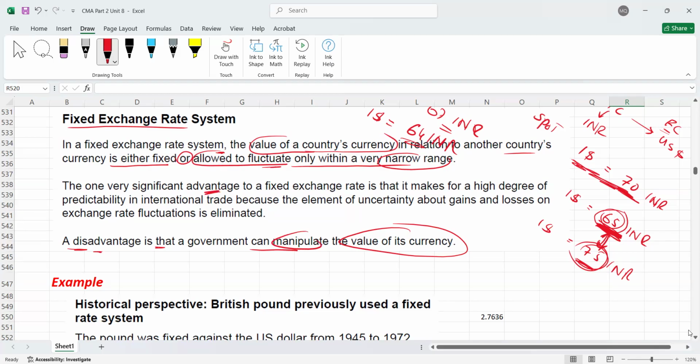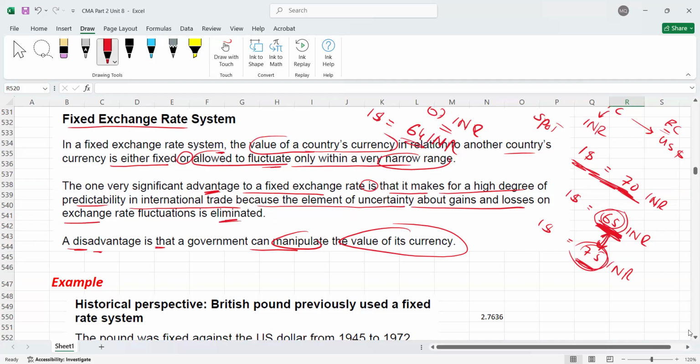What is the advantage? One very significant advantage of a fixed exchange rate is that it makes for a high degree of predictability in international trade, because the element of uncertainty about gains and losses on exchange rate fluctuation is eliminated.